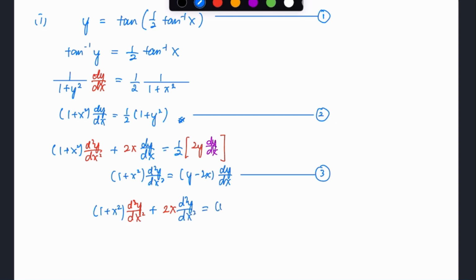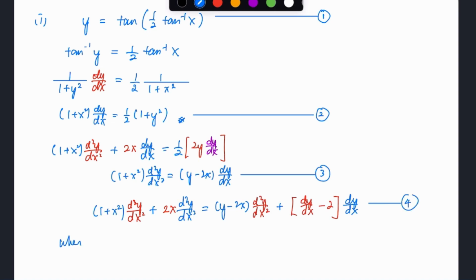Then same thing, copy, differentiate. Let's be a bit careful here. Differentiate y, I will get dy/dx. Differentiate negative 2x will be negative 2. Then I will have a dy/dx over here. I will let this be equation 4. No point simplifying, I'll just let it be like that.